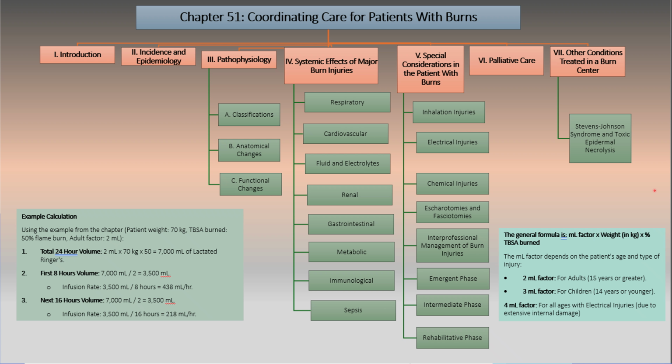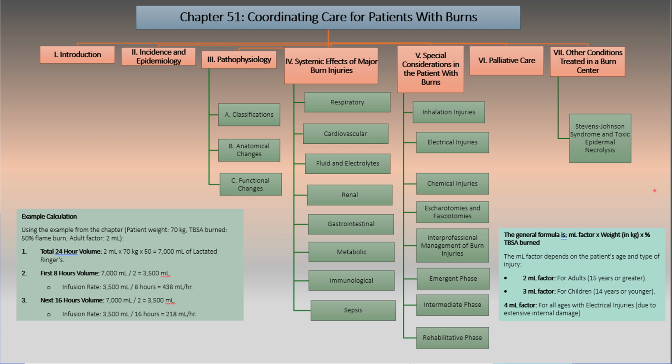A superficial partial thickness burn involves not only the epidermis but also the superficial layers of the dermis. This type of burn is painful because the nerve endings within the dermal layer are damaged.